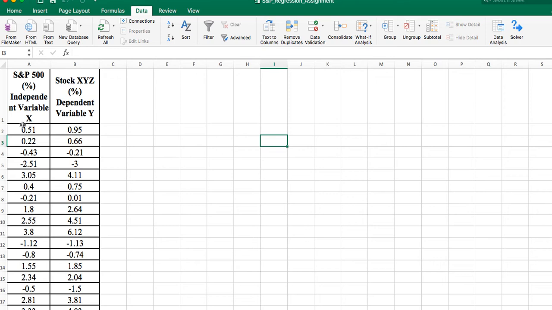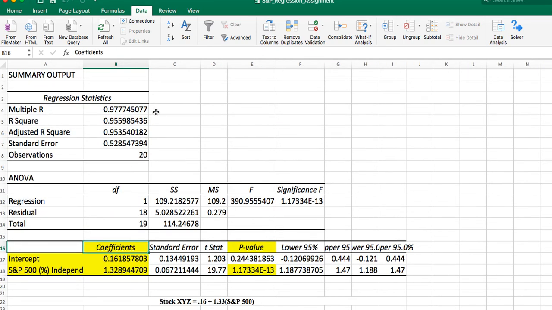In other words, 95% of the behavior, the changes here, can be explained when I use these values for my S&P 500. So that is a very, very strong relationship. With a coefficient of determination of 96%, only about 4% or 5% is unexplained. So that's a very strong measurement of the relationship.